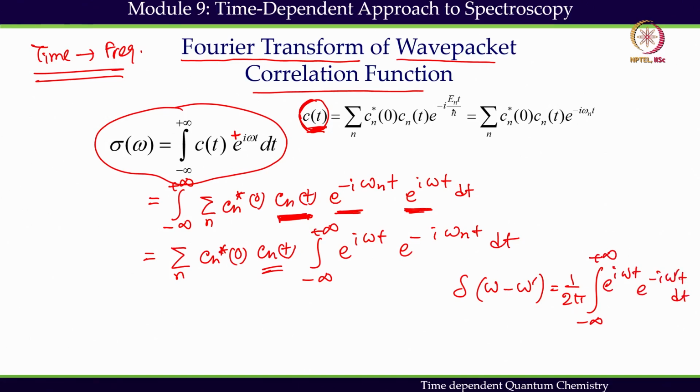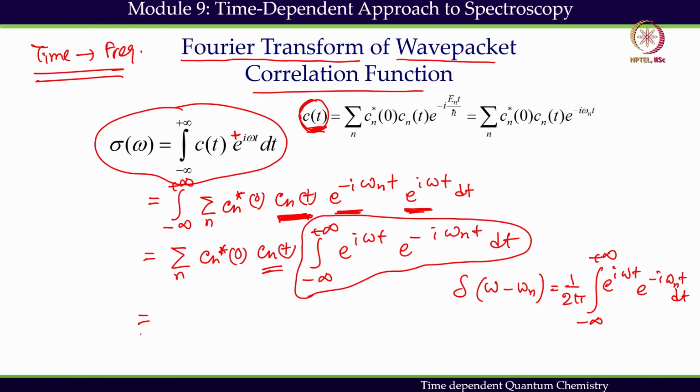In the present context, if we try a similar representation, we have e to the power i omega t, and instead of omega dash we have omega n. So this integration is actually representing our delta function.